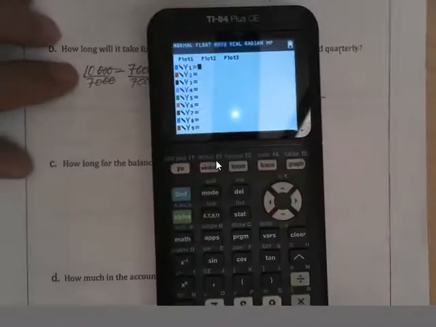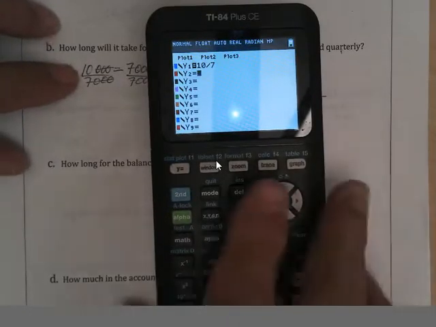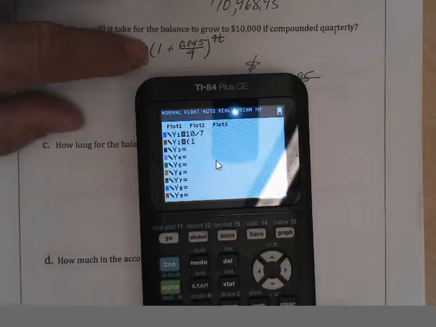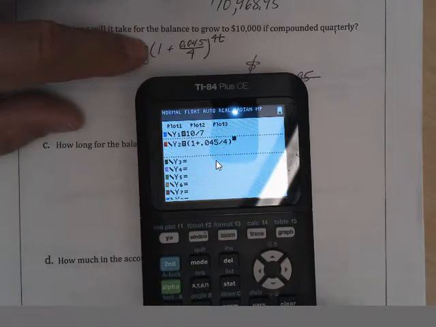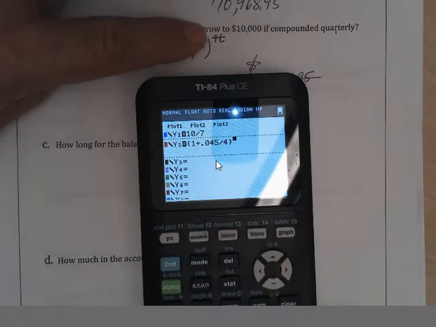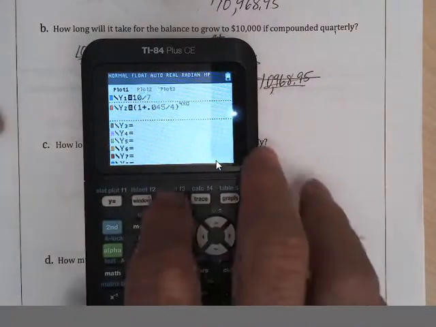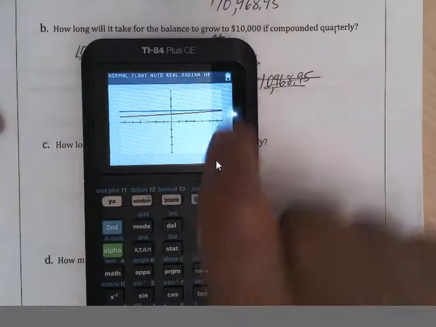So I'm going to go to my calculator and my graph and clear, and put in 10 divided by 7. And the other side will be parenthesis 1 plus 0.045 divided by 4, close parenthesis, to the 4x. And we're going to find out when they intersect. Zoom 4. There's one. The other one, it's going to be off the screen.